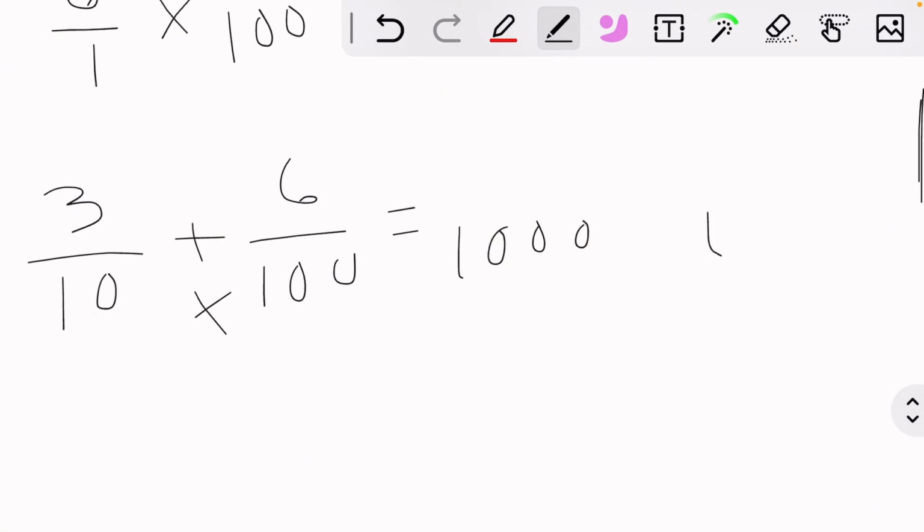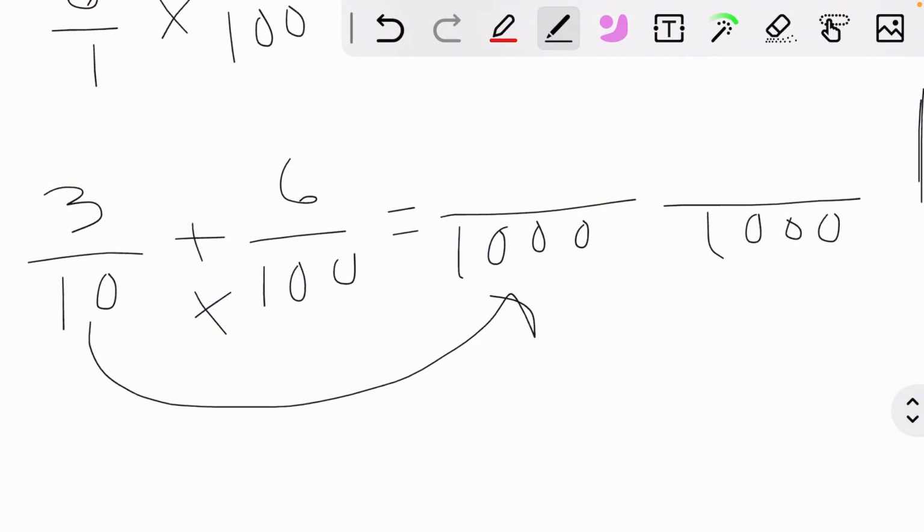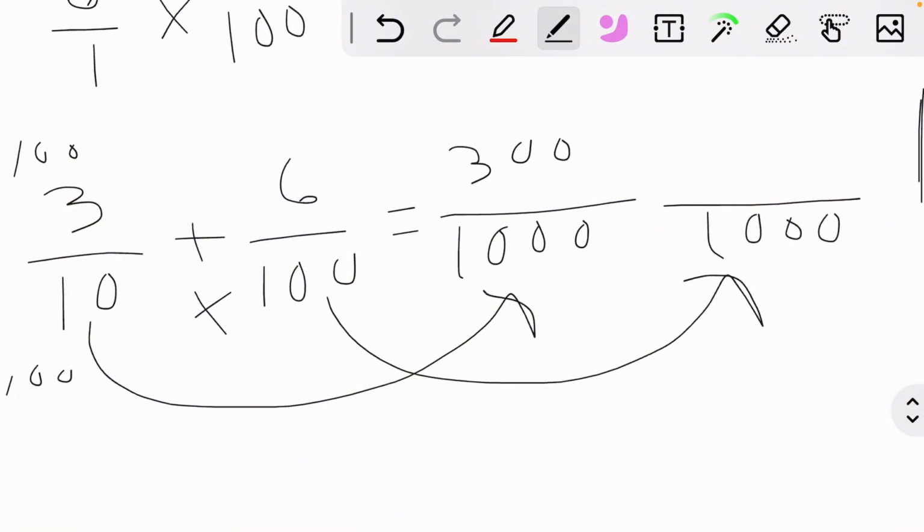It's going to give us 1,000 for both denominators, for both fractions. For this one, we started with 10 and we ended with 1,000. That's times 100. So we do that on the top as well: 300. For this one, started with 100, ended with 1,000 as the denominator. That's times 10. It's going to be 60.